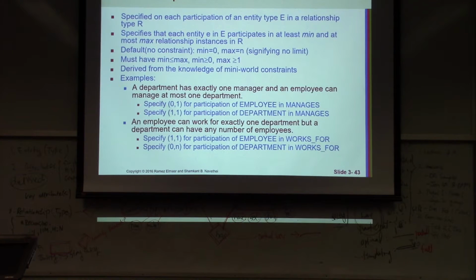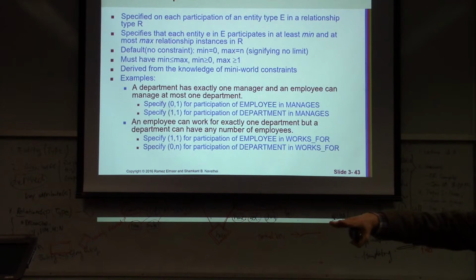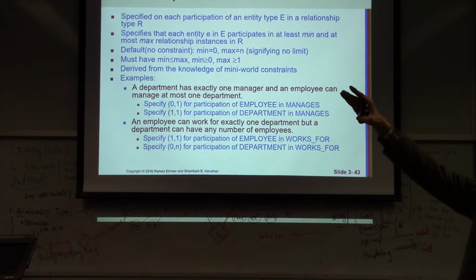If you are smart, you can see that this one is the min-max notation. So, min-max relationship: instead of many-to-one or one-to-many, we can show what the minimum participation is and what the maximum is.